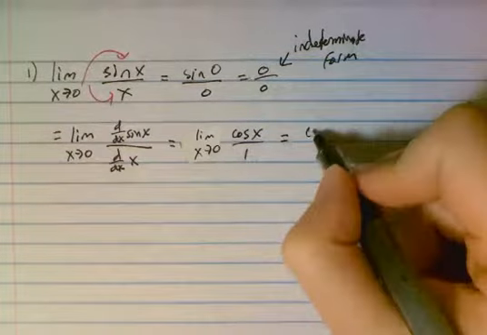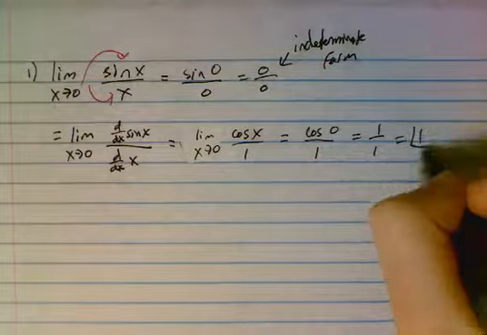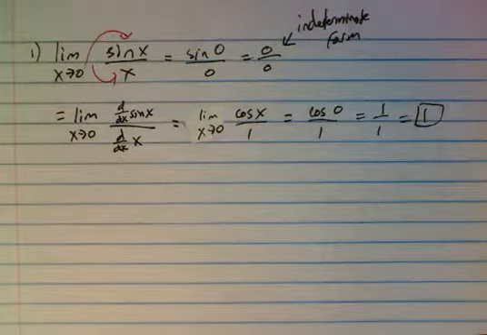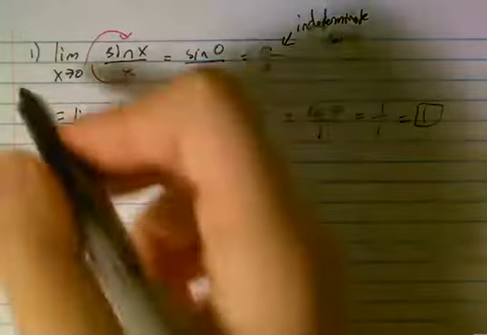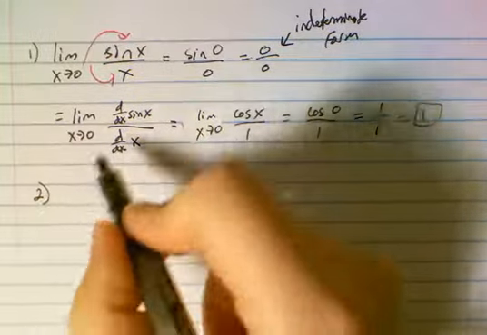And now when I substitute that in, cosine of 0 over 1 is 1 over 1 is 1. And there's my limit. This can normally be done with the squeeze theorem, but L'Hopital's rule works beautifully for it.